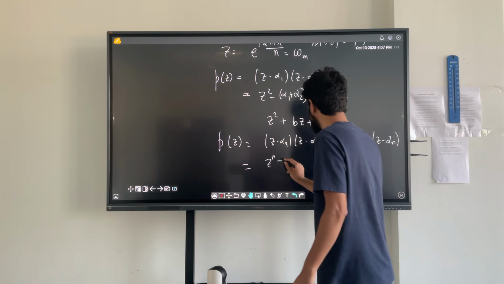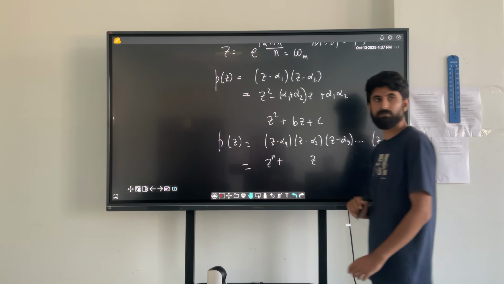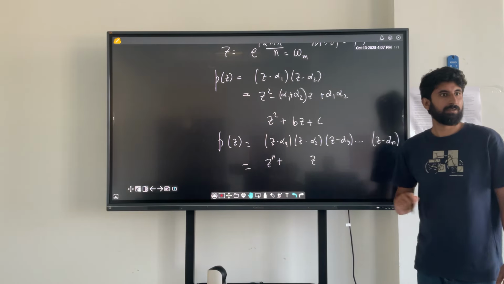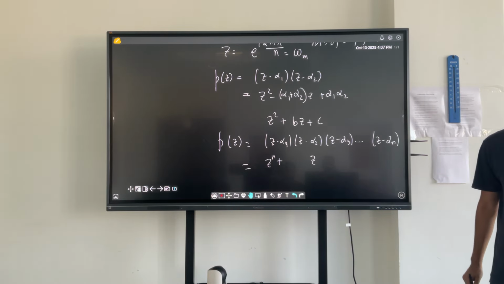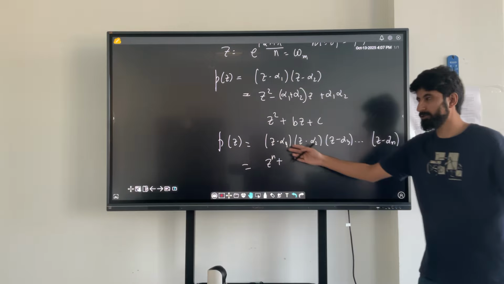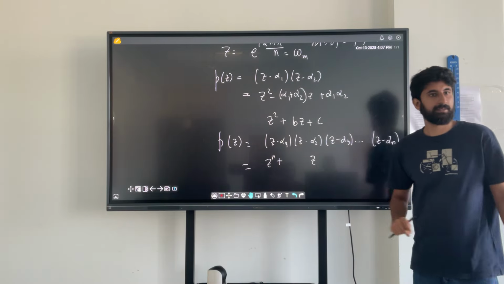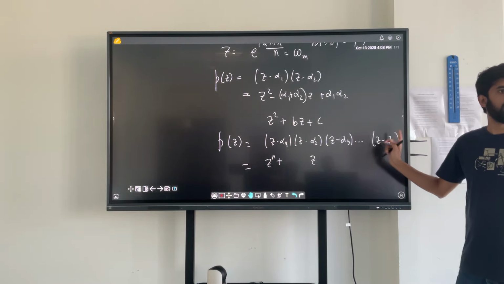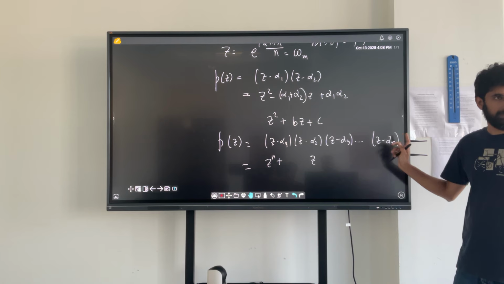Let's see what about the coefficient of Z. How do you figure out the coefficient of Z? Tell me one way of choosing from the brackets so that you get Z. The first thing is Z, then from the others alpha 1, alpha 2 and so on, multiplied with Z. Exactly.